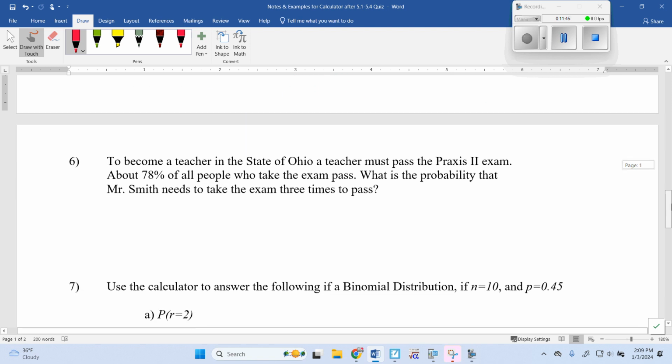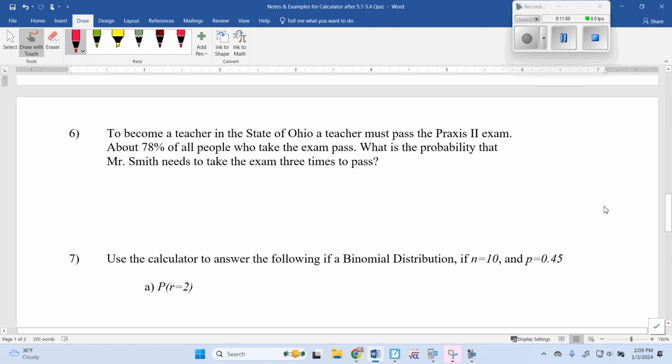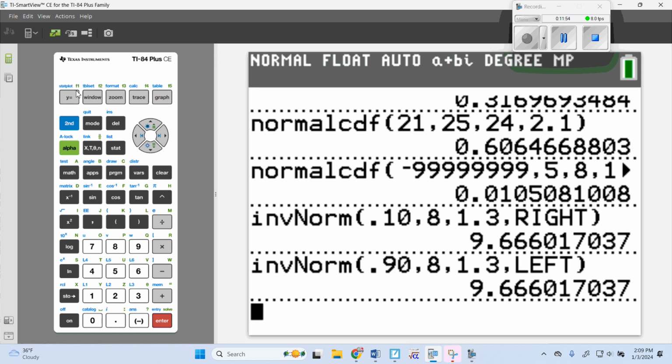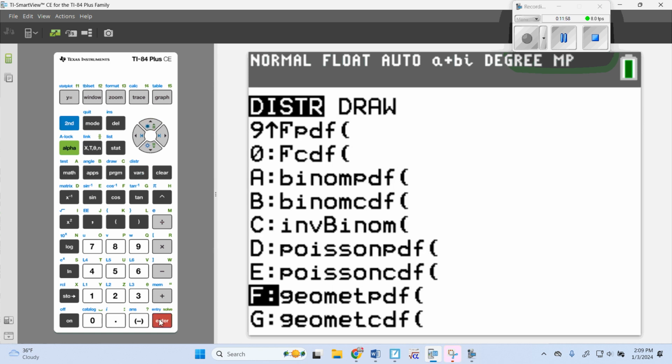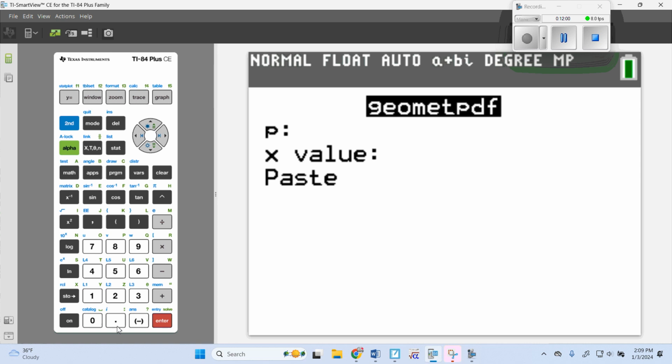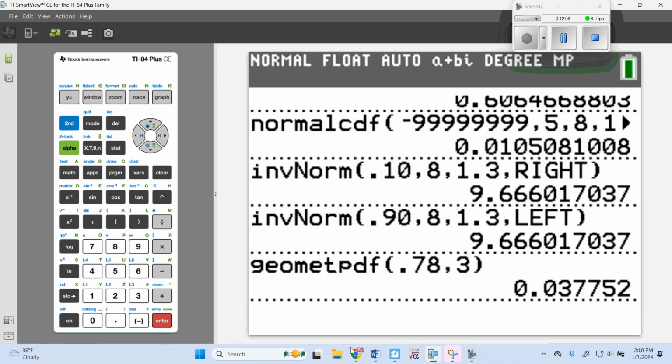We also, just to refresh your memory, we have maybe a problem here where it's geometric. Find the probability 3 times to pass. That's geometric. So remember, geometric, you have your probability, how long it takes to pass, to find your probability.